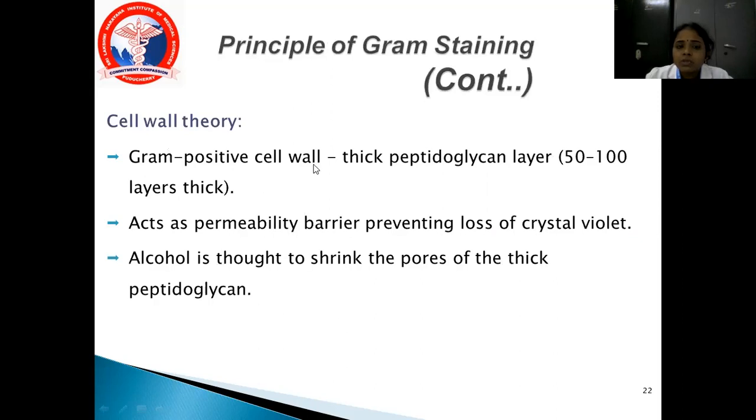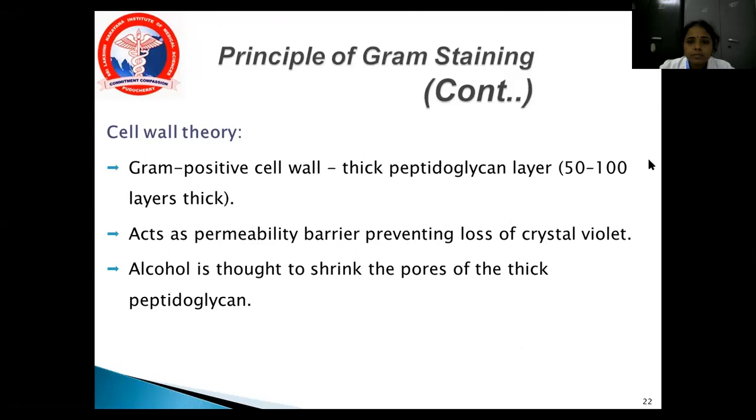So, cell wall theory: in case of gram positive cell wall, it has a thick peptidoglycan layer and it acts as a permeability barrier that prevents loss of crystal violet.